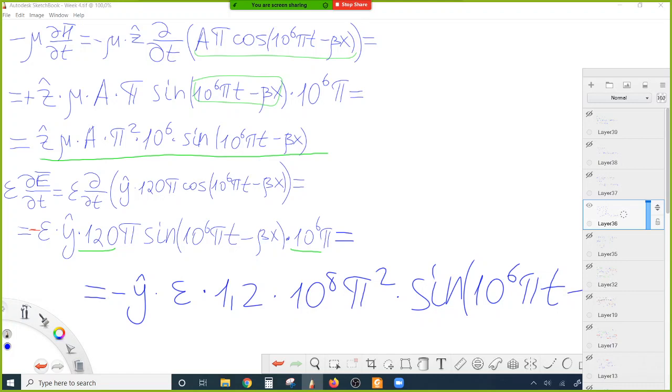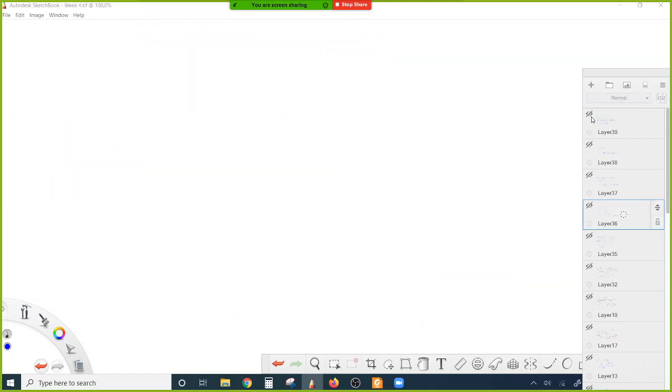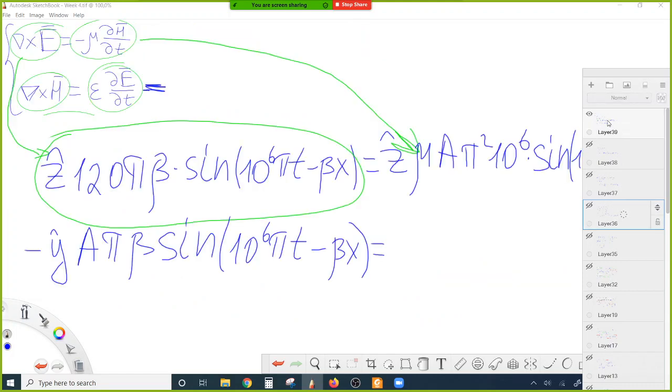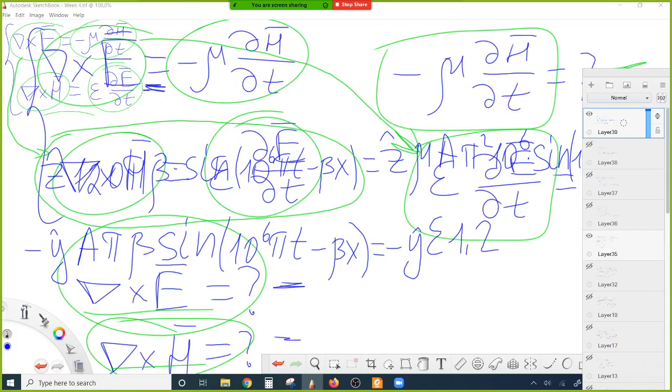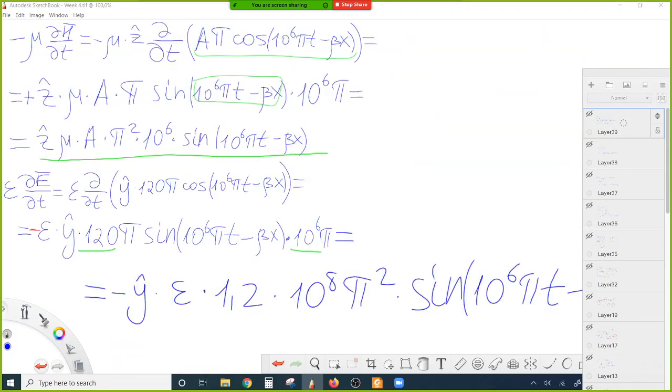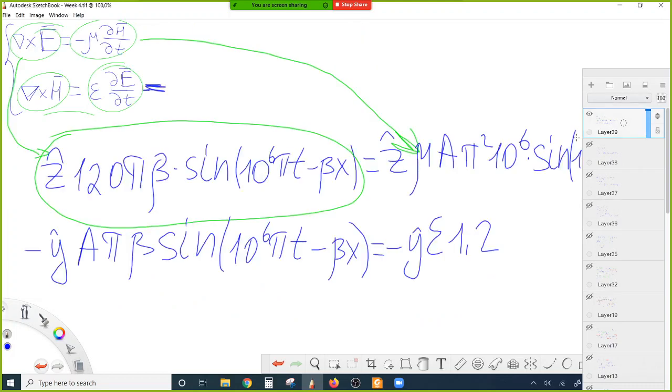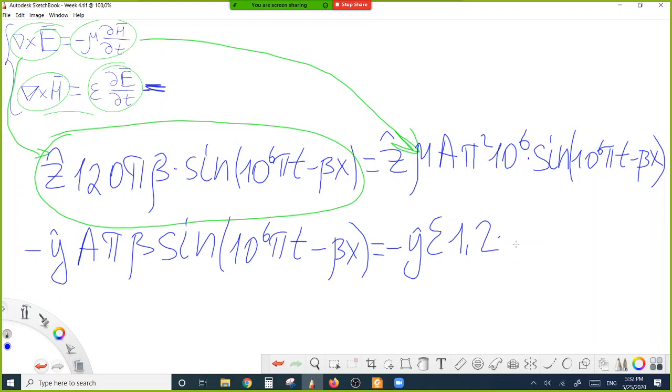Okay, one moment. Yep, minus y epsilon 1.2 10 to the power 8 p squared multiplied by sine.